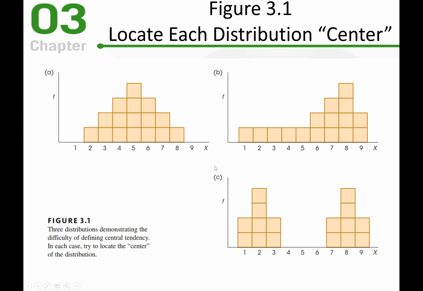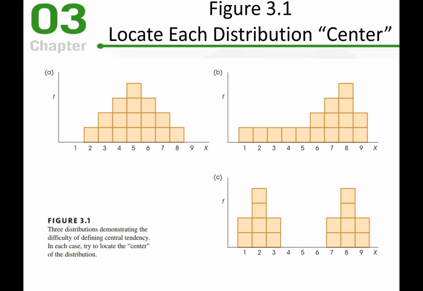And then lastly, we have 3.1c, right? And this is a distribution, but defining what is the center, again, this is kind of awkward, kind of weird. Some people might go, well, again, 5 is going to be the middle of this. That's how I would identify the center, right?